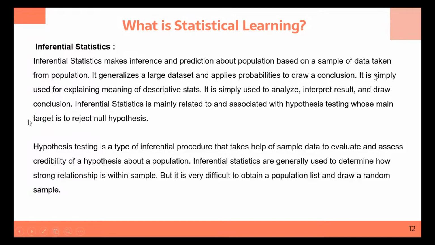All right, it is simply used for explaining the meaning of descriptive statistics. We just now saw one of the examples of descriptive statistics, where we mention that there is a 75% or 50% chance of getting something. For the population, say 1 lakh records, one statement I want to make, this is how these things are.